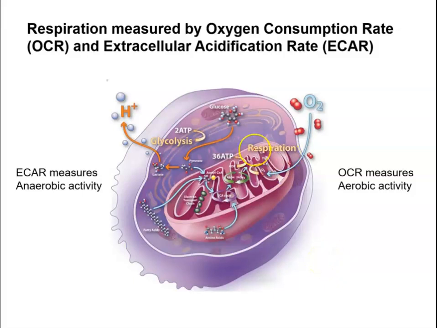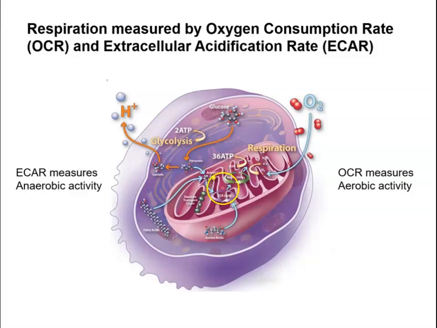There are also techniques for looking at the metabolic activity of different cells in our bodies, or if you're using cell culture, you can look at the load of hydrogen ions that are available or released through lactate. So we have different ways of measuring anaerobic and aerobic activity through the oxygen consumption rate, or OCR, or the extracellular acidification rate.